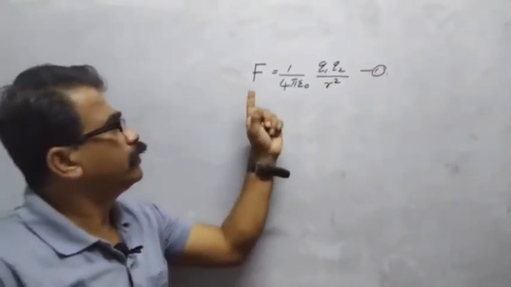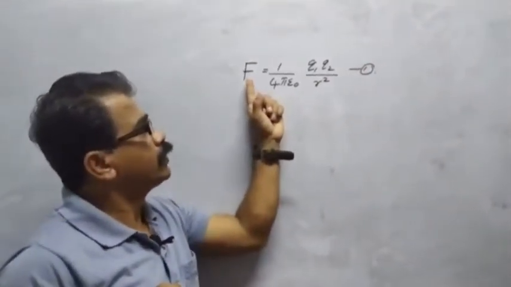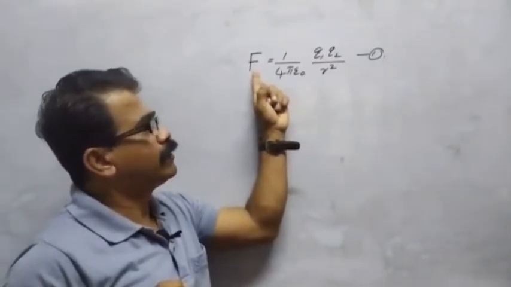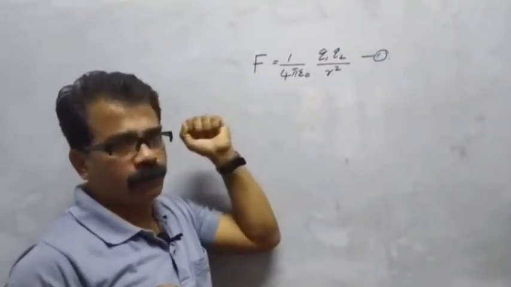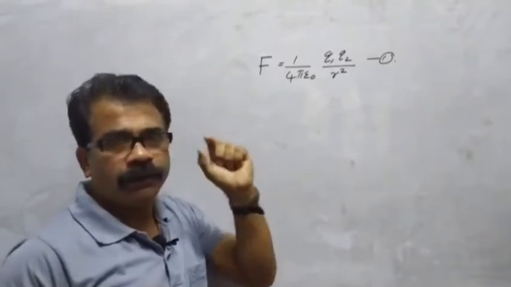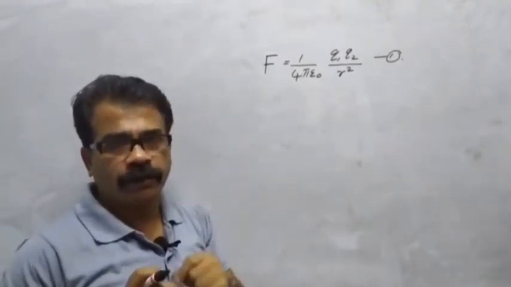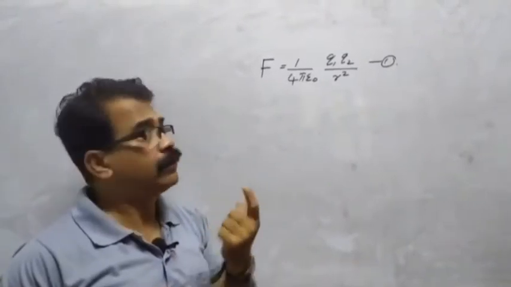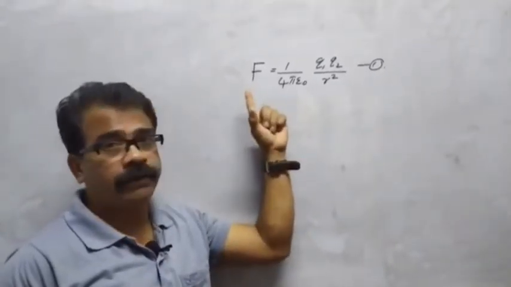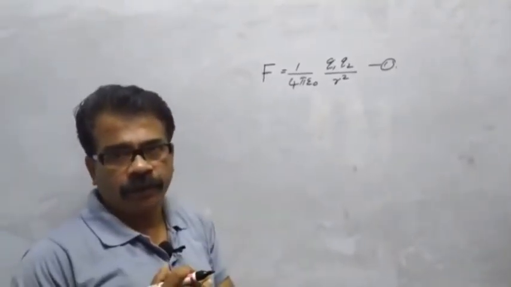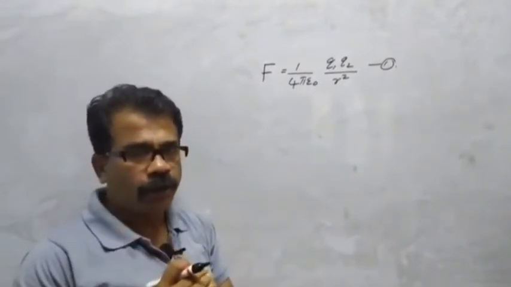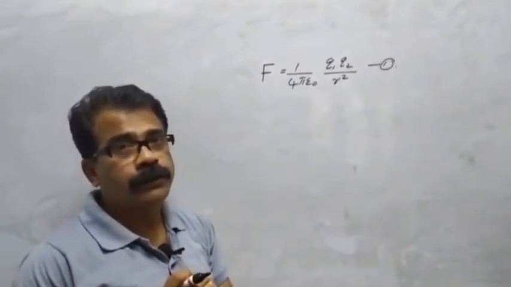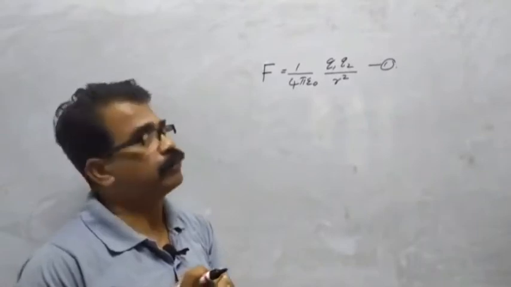You know that in this equation the force represents only the magnitude, but force is a vector quantity, so it is better to express this force as a vector quantity. Therefore, in this class we will discuss Coulomb's law in vector form.